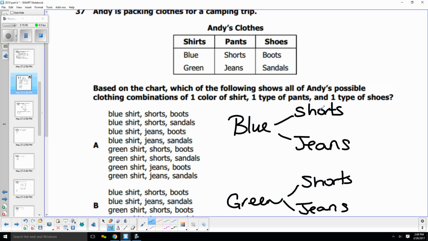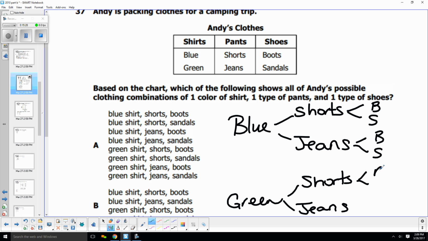Okay? Now, if I wear a blue shirt, a pair of shorts, I get a choice between boots and sandals, correct? If I wear a blue shirt and a pair of jeans, I still get a choice of boots or sandals. Same thing with my green.